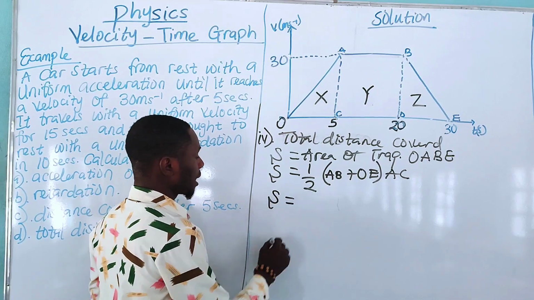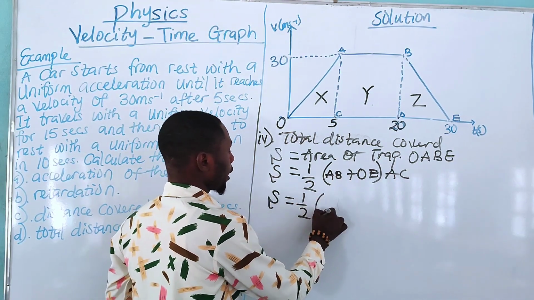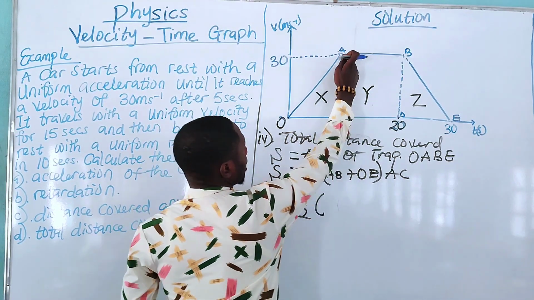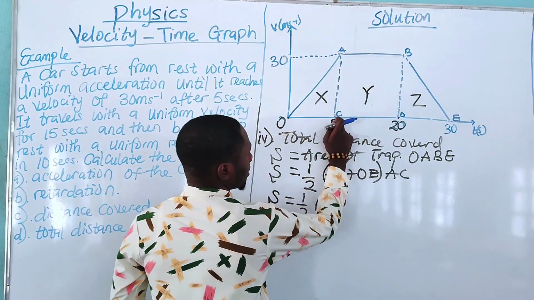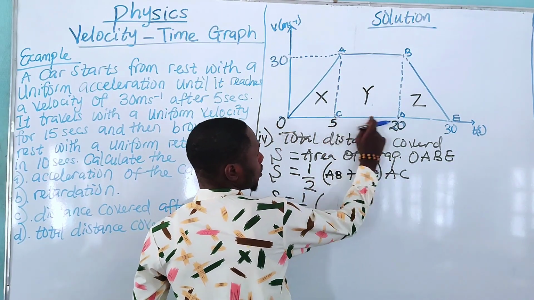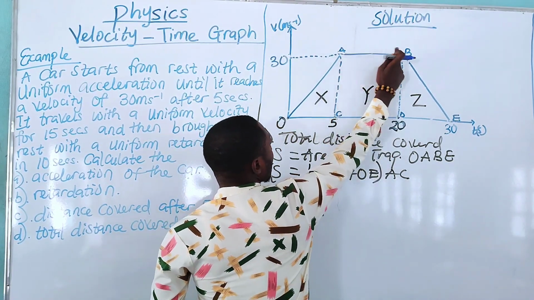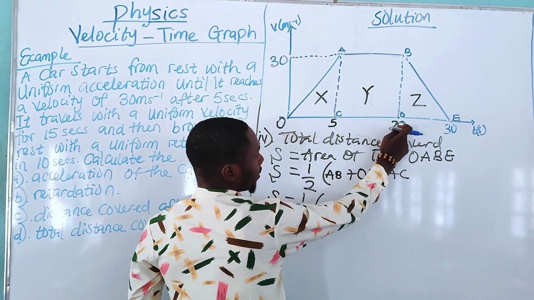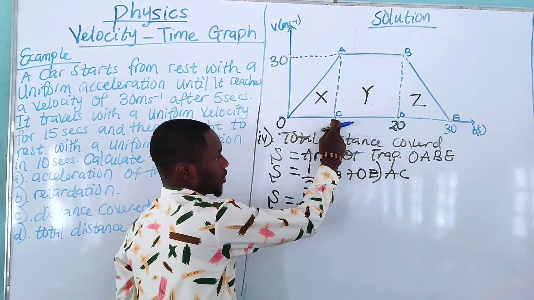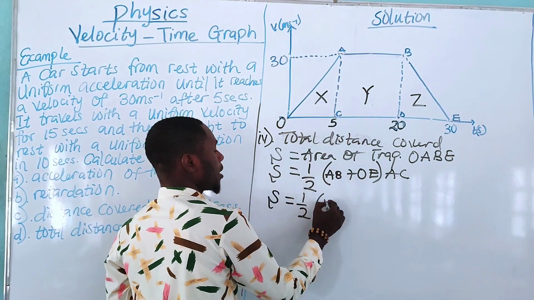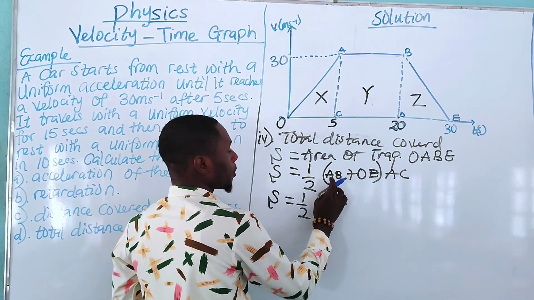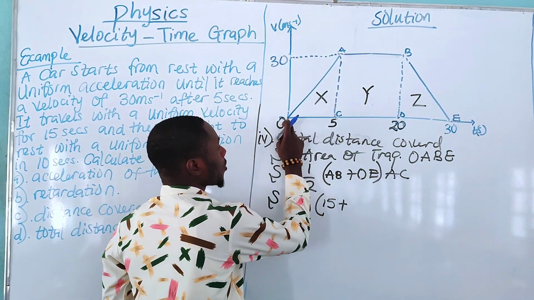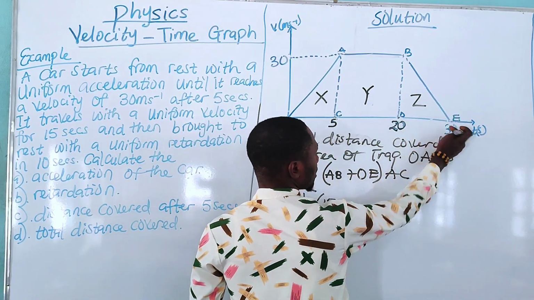So our total distance becomes half into AB. We're looking for AB, which is the same thing as CD. So the interval here is the same thing as AB. CD, the interval there, is 20 minus 5, which gives us 15. So our AB is 15 plus OE, from O to E, which is 30.